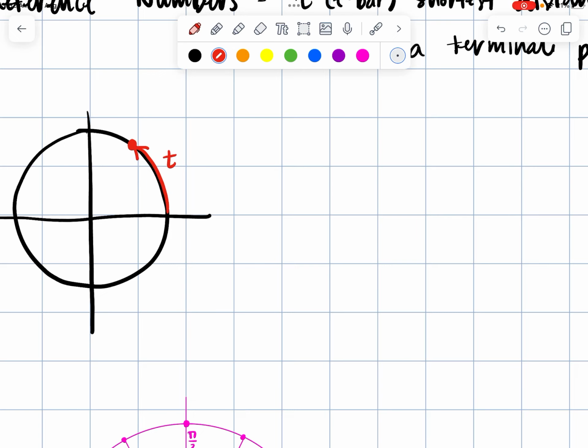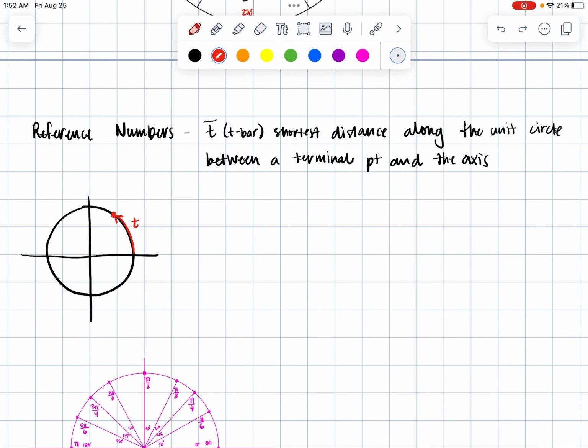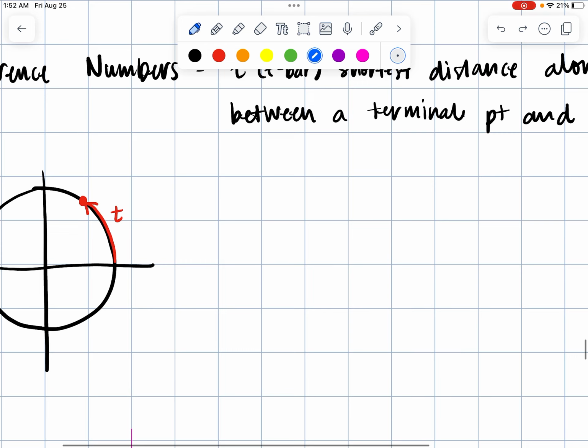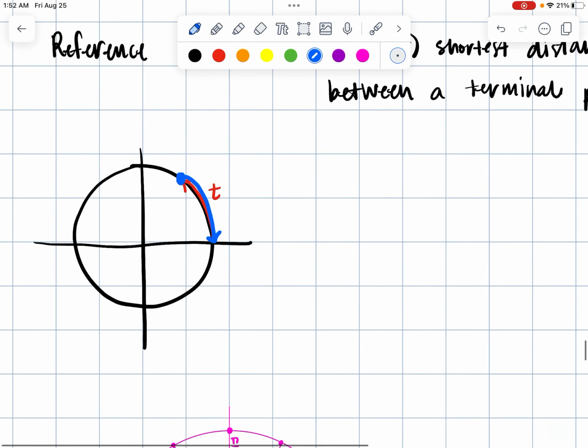How many radians from our initial point to our terminal point, what is that distance? So the reference number, or the T-bar, I'll do this in blue, is the shortest distance from this point back to the x-axis.